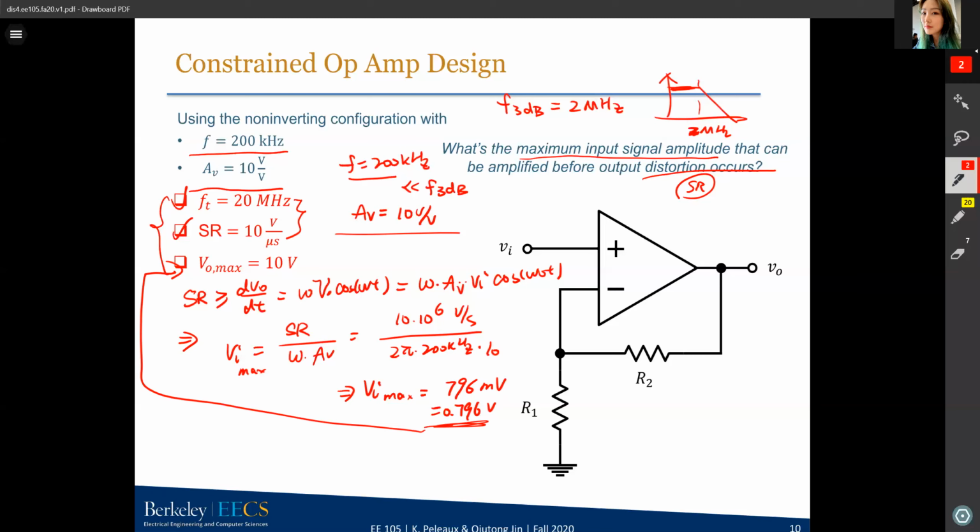With V_I max of 0.796 volts, our V out will be 10 times V_I max, which is 7.96 volts. This is less than 10, so the last constraint is also satisfied. That means our result is correct. We can have V_I max equal to 796 millivolts into the circuit without distortion.